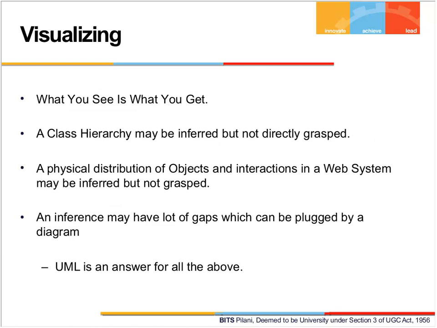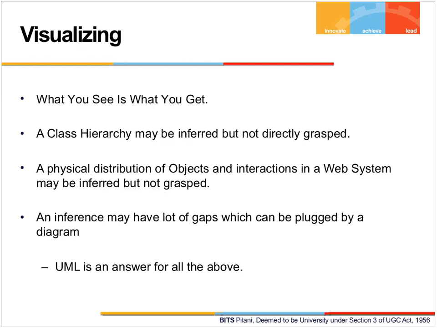Okay. UML is visualizing. What do you mean by visualizing? In case you see something represented diagrammatically, it is more appealing, right? It goes into your brain. That is the whole idea behind UML being a diagrammatical language.